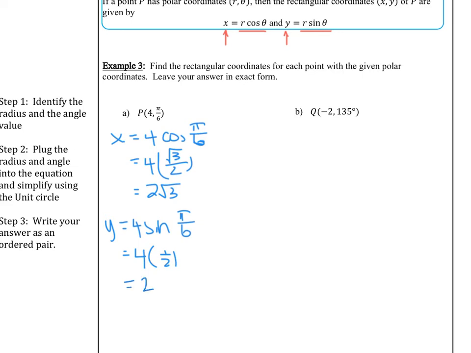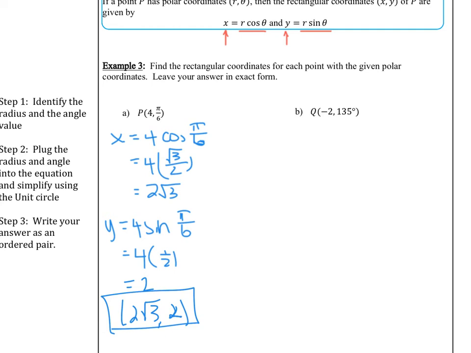Our polar coordinate was (4, pi over 6). Our rectangular coordinate is (2 root 3, 2). Polar coordinate, rectangular coordinate. Easy peasy lemon squeezy.